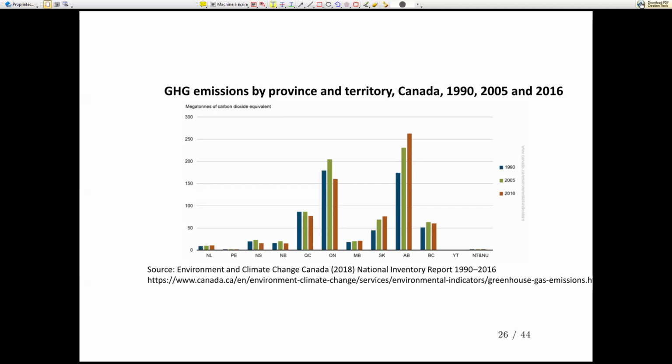So yeah, Quebec is like 23% of Canada's production, but it has 9.4 tons of greenhouse gas per capita. And the national average, at that time, was closer to about 19. I can give you the statistics there.